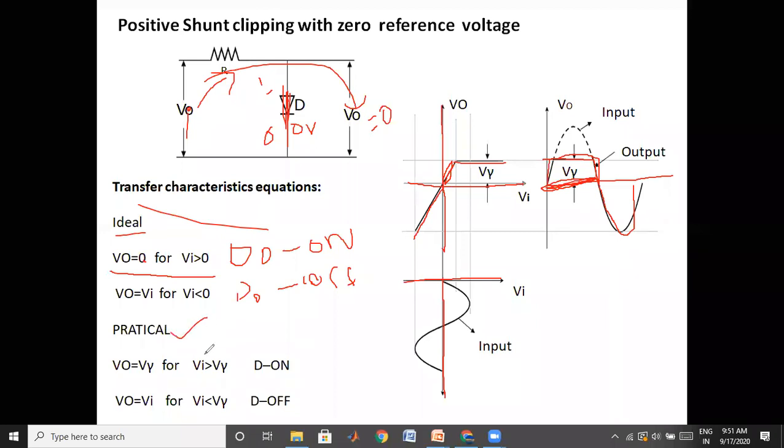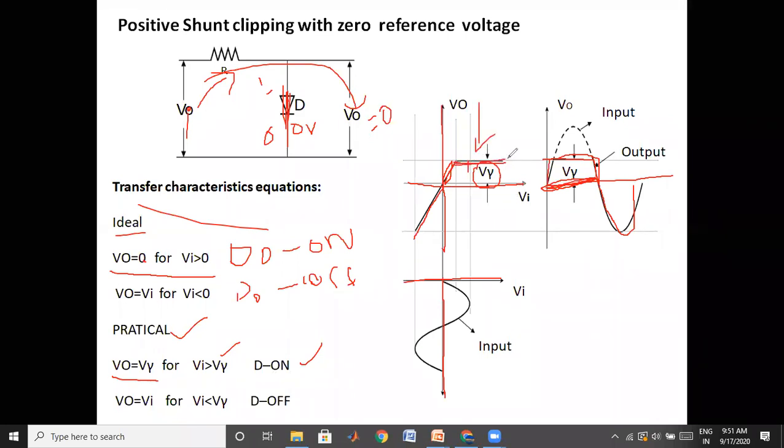If it is a practical diode, only when the input voltage is greater than the cut-in voltage does the diode get on. It won't be on at zero. When the input voltage is greater than the cut-in voltage, the diode will be on, and the output voltage will be maintained constant at the cut-in voltage, as you can see in the transfer characteristics.